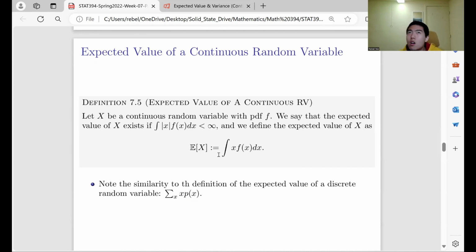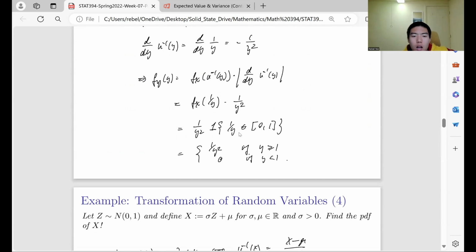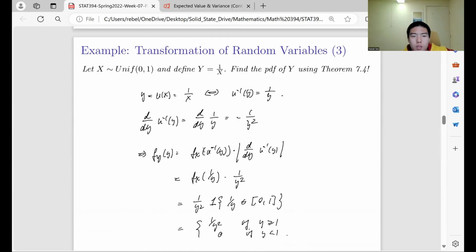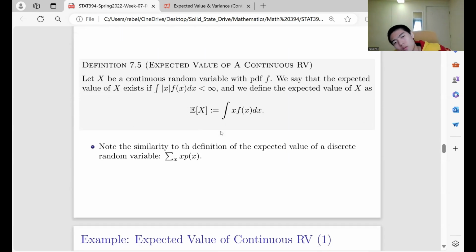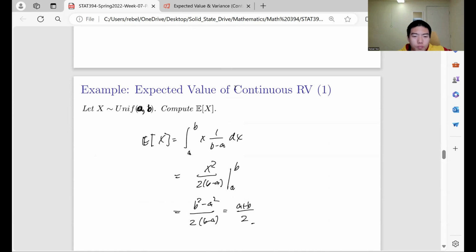But for safety, we always write from negative infinity to infinity. But we know if it's just going from 0 to 1 and all other parts are 0, we can write it as 0 to 1, as this example illustrates from 0 to 1. But we always write from negative infinity to infinity to make sure all the situations are considered.